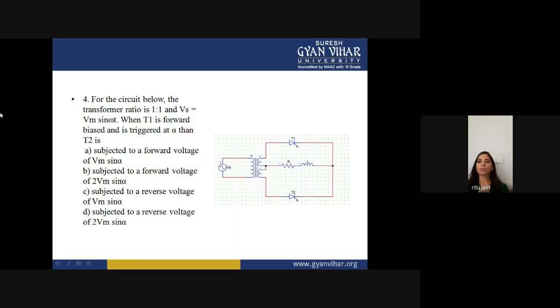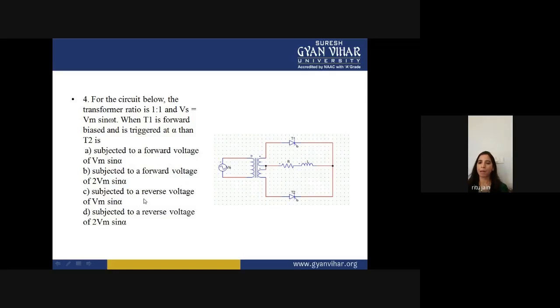When T1 is triggered at alpha, it becomes forward biased and T2 becomes reverse biased, but the voltage which will appear across it will be 2 Vm sine alpha. So the correct answer is that it will be subjected to a reverse voltage of Vm sine alpha.